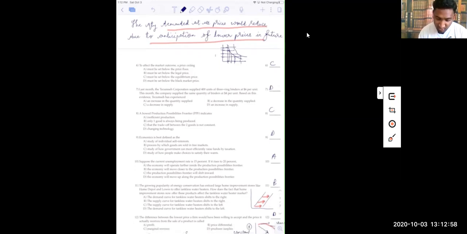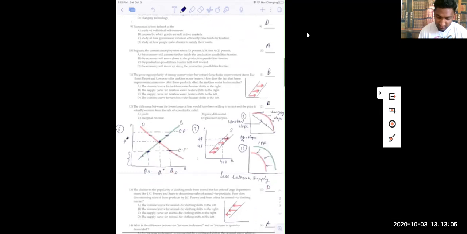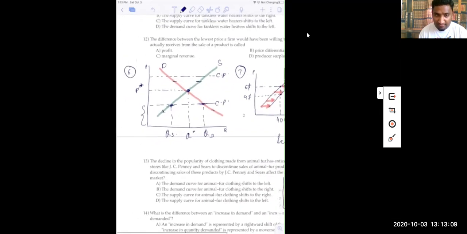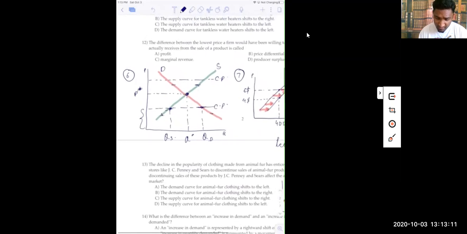So the sixth question, to affect the market outcome, a price ceiling. If you look at this graph, suppose this is our equilibrium price, and suppose we set a price P1 here. This is a price ceiling. So remember, what is a price ceiling?